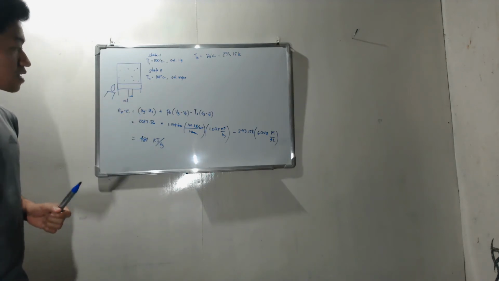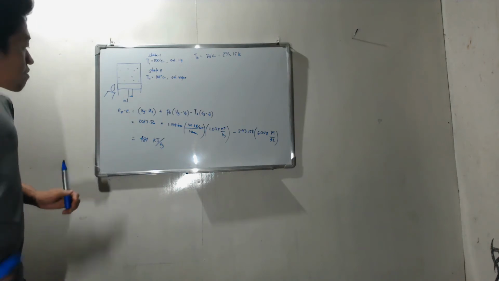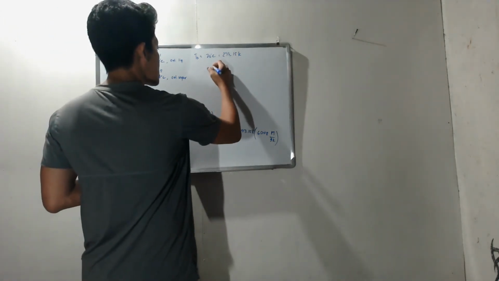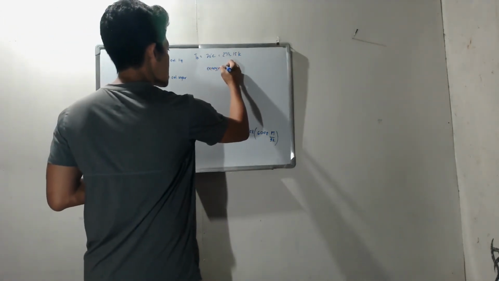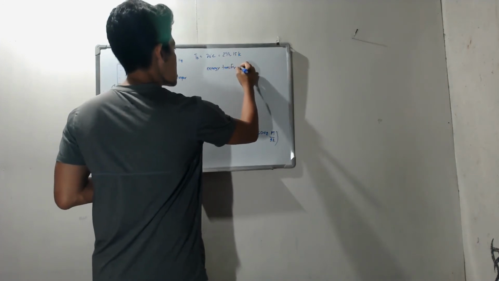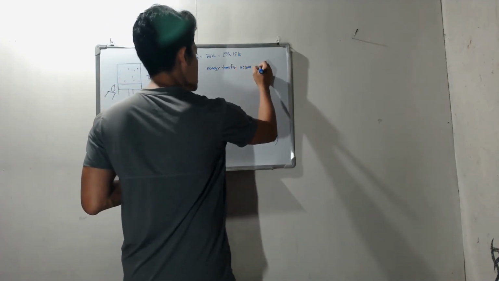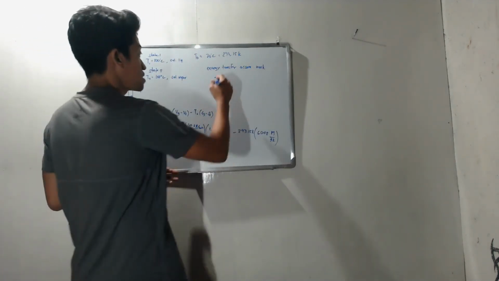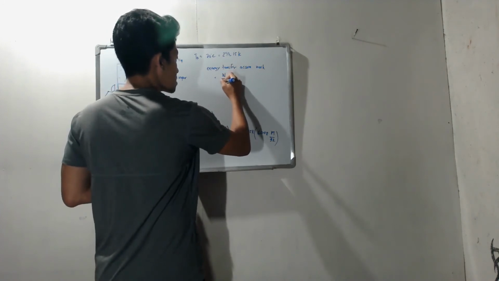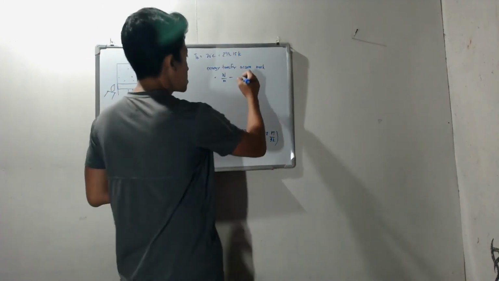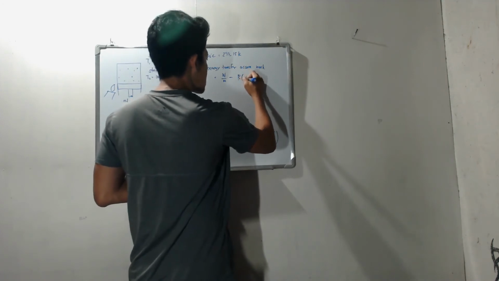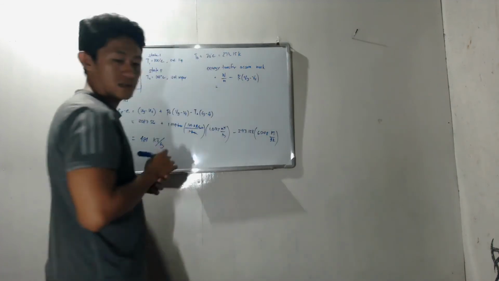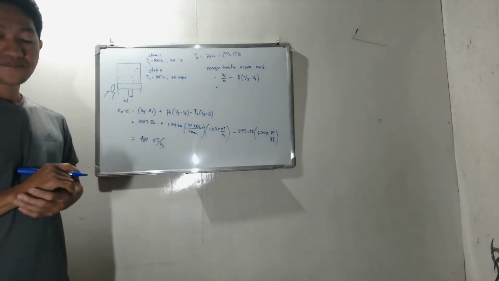Okay, let's proceed with the exergy transfer accompanying work. The equation for that is this one: the work minus P0 (Vg minus Vf).